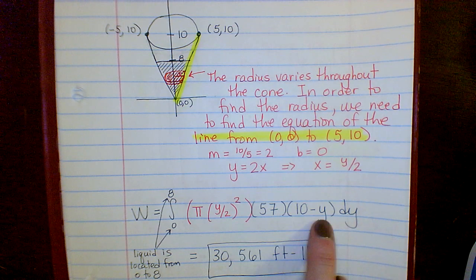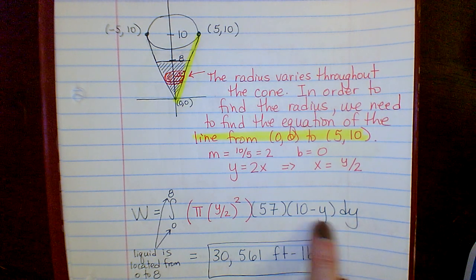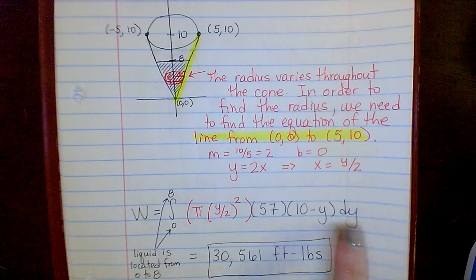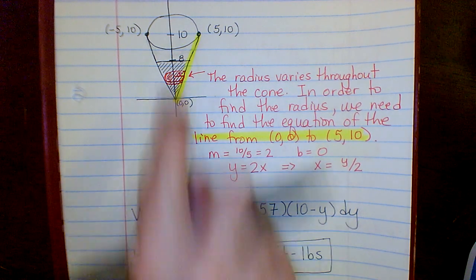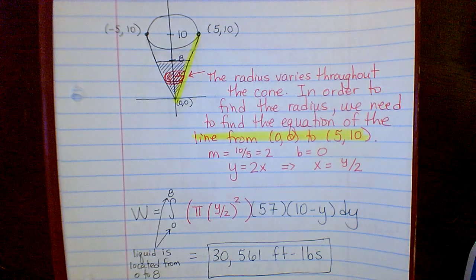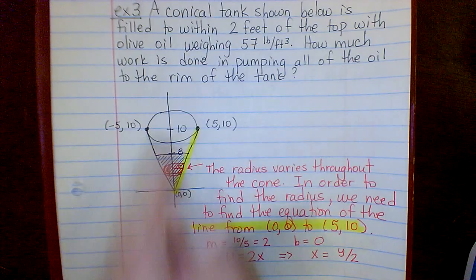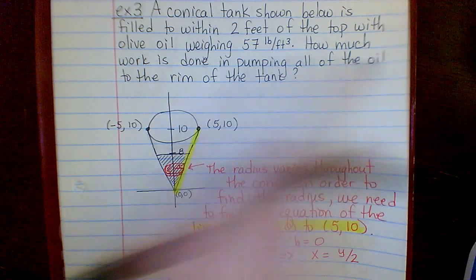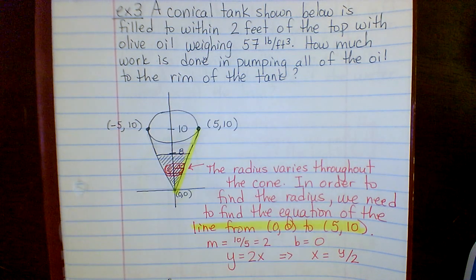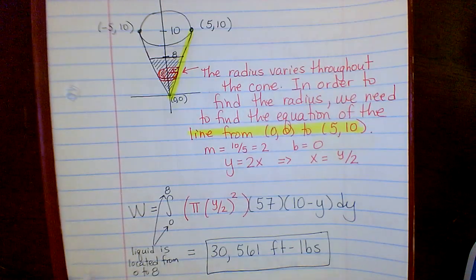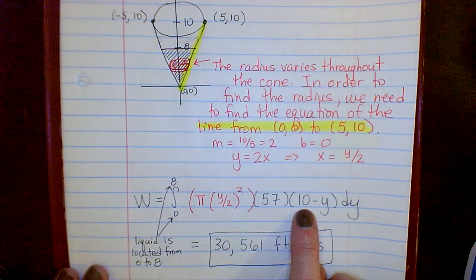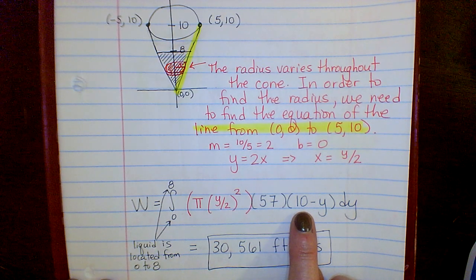Once again, this is upper minus lower. Upper being 10, that's the rim, the top of the tank, because it says how much work is done in pumping all the oil to the rim. So we're pumping it to that level of 10.